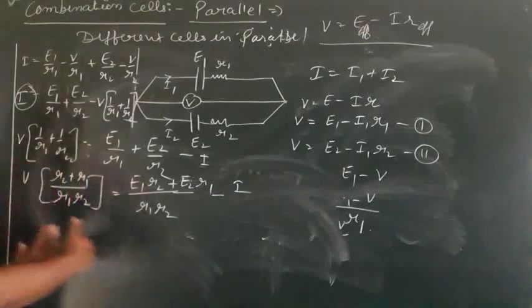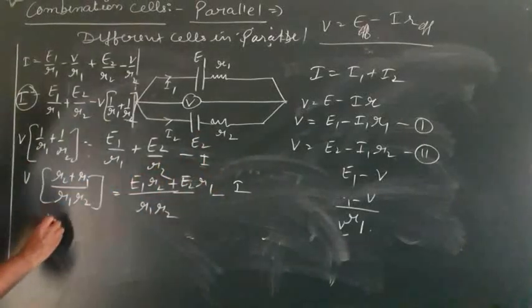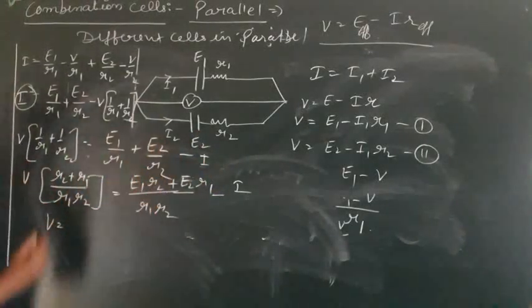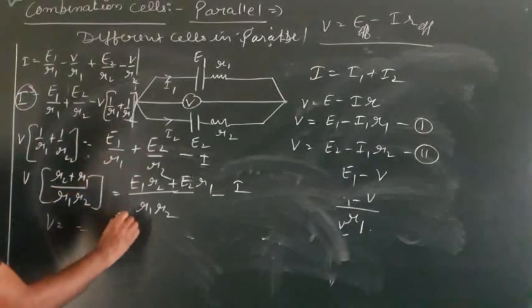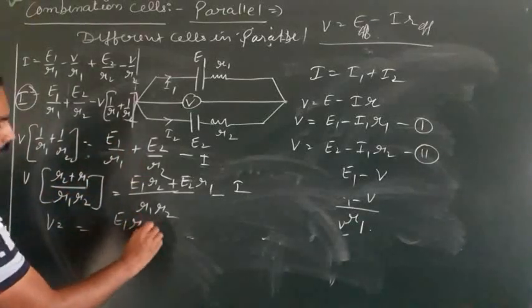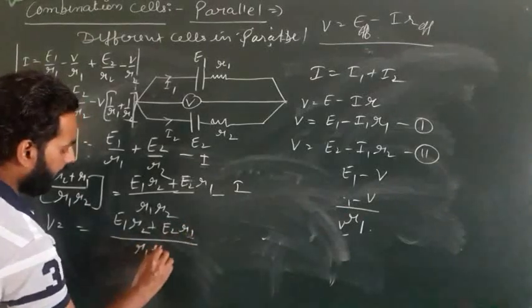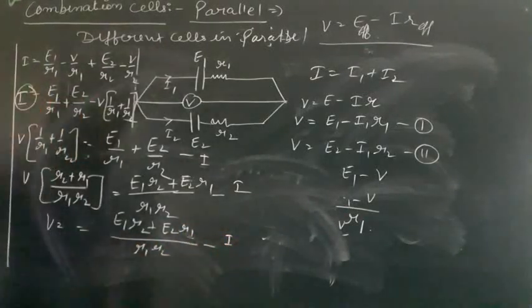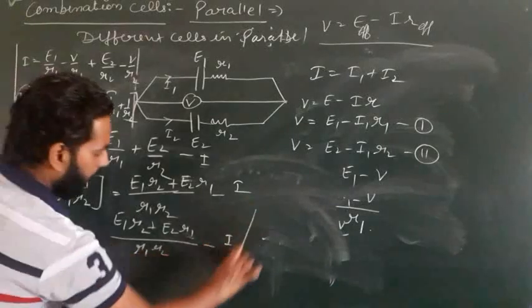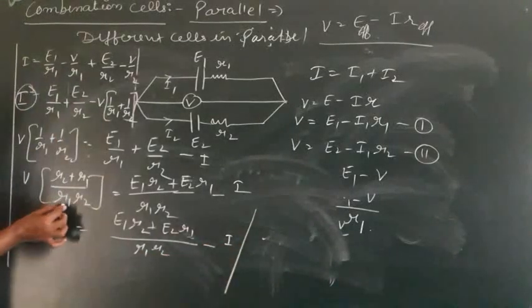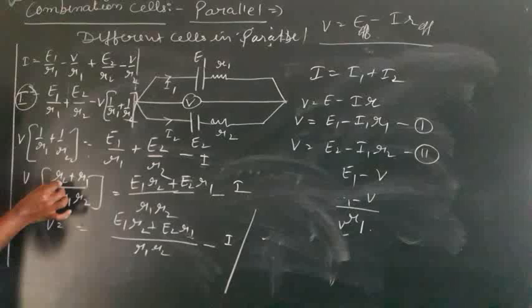Now take that term on that side. So when V is here and this term goes on that side, it comes out to be (E1 R2 plus E2 R1) divided by R1 R2, minus I. This whole term is divided by what is here: R1 R2 upon R1 plus R2.